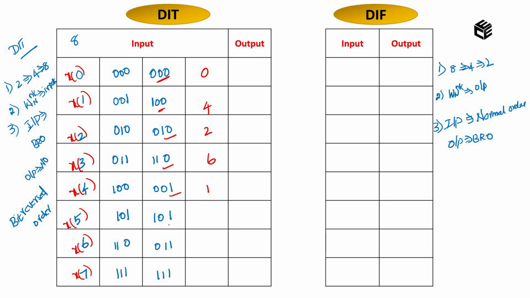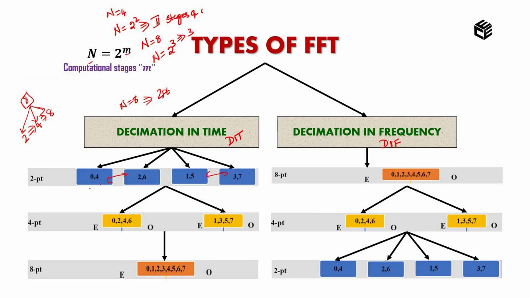This is 1, this is 5, this is 3 and this is 7. My sequence will be like this: x of 0, x of 4, x of 2, x of 6, x of 1, x of 5, x of 3 and x of 7. This is what I mentioned here: 0, 4, 2, 6, 1, 5, 3, 7.